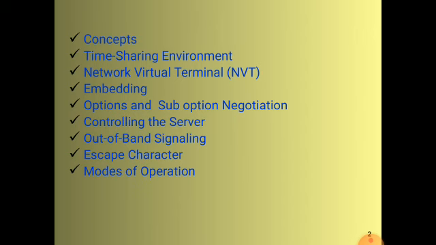The same thing you have to do at the server also. Once it is enabled, go to the command prompt and type telnet and the IP address of the remote system which you want to access. Once you have typed the IP address, press enter.